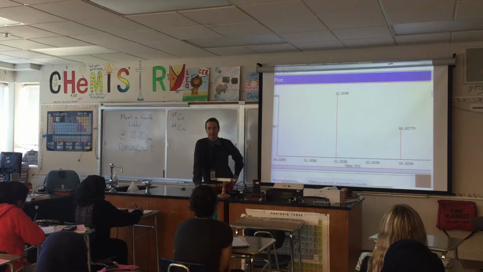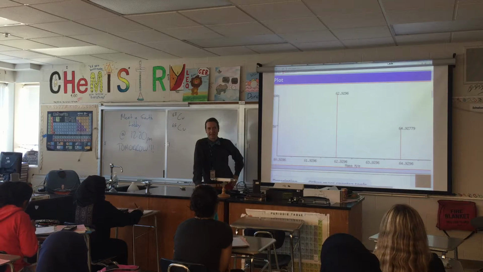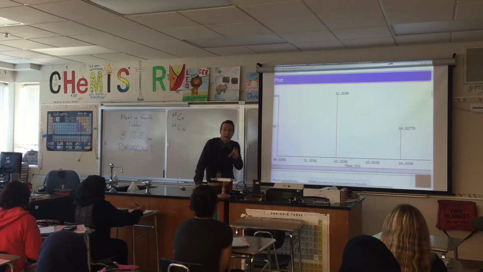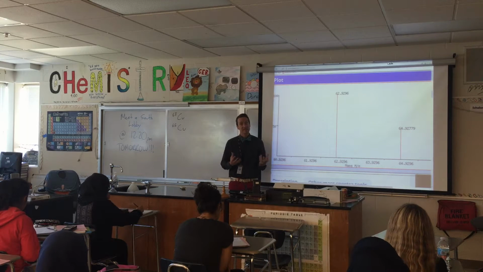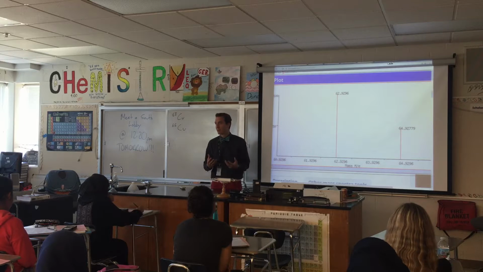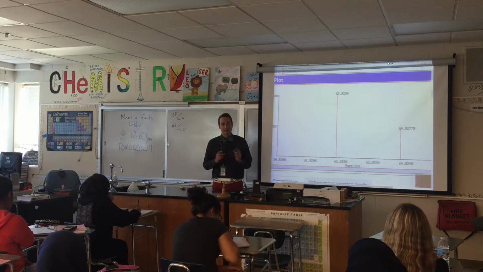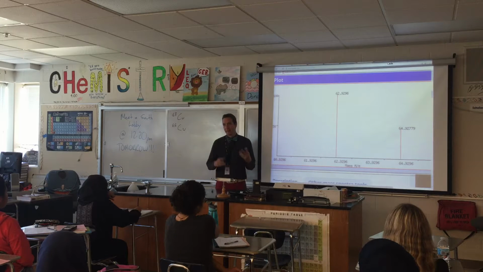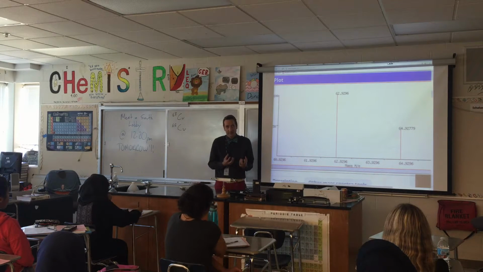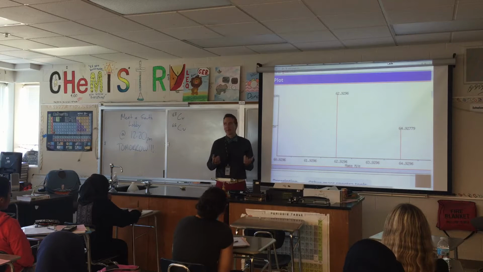50 and 100? You add those percent abundances together. Not the relative abundance, the percent abundance. This is where you have to be careful, and this might be a multiple choice question. One of the choices will be 50 and 100, but that can't be the percent abundances, because adding them gives 150%.